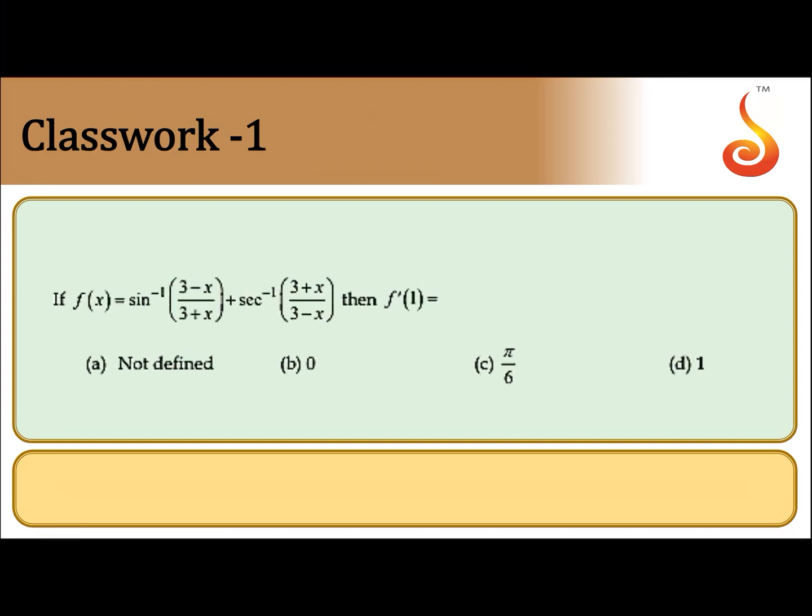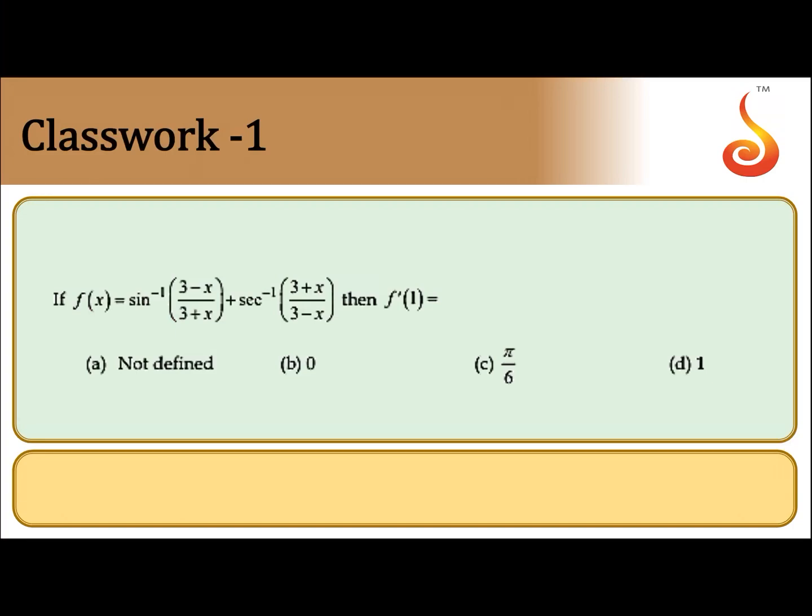f of x is equal to sine inverse of (3 minus x) by (3 plus x) plus secant inverse of (3 minus x) by (3 plus x). What is the value of the derivative at this point? See, f of x is sine inverse of this.